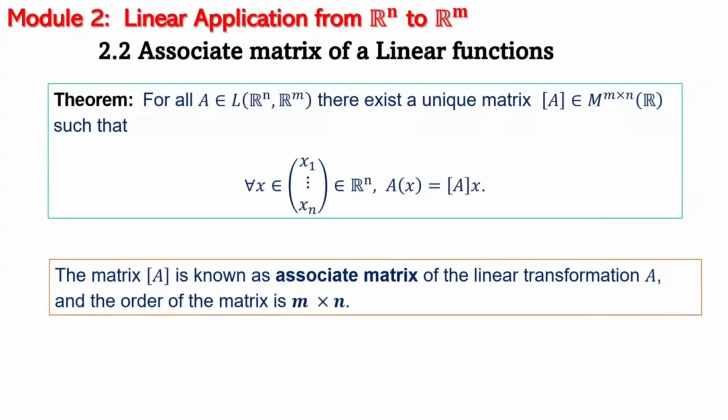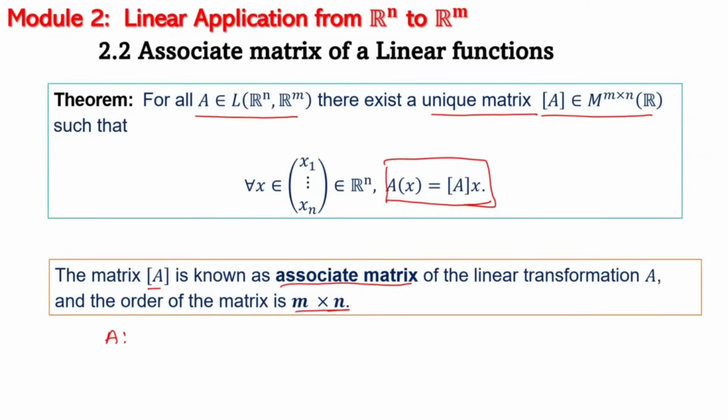We have a theorem here, and it says that for all A belongs to L, Rn to Rm, there exists a unique matrix A of order m by n such that for all x belongs to Rn, A(x) is equal to the matrix A times x. So every linear function can be written in matrix form, and this matrix A is known as the associated matrix of the linear transformation A, and the order of the matrix is m by n.